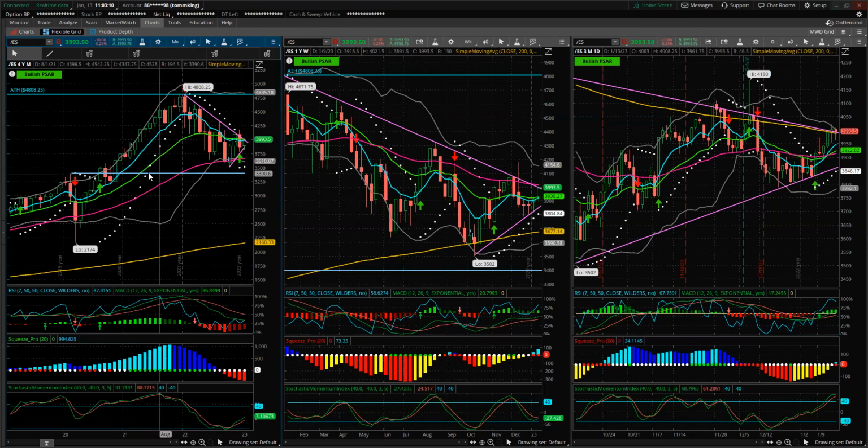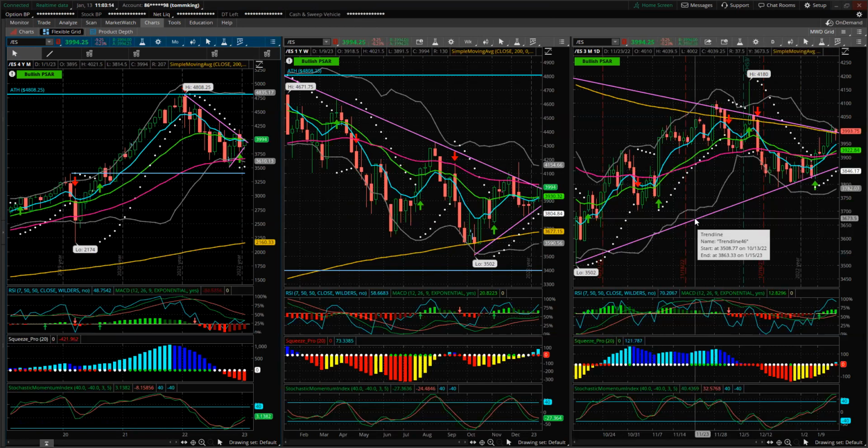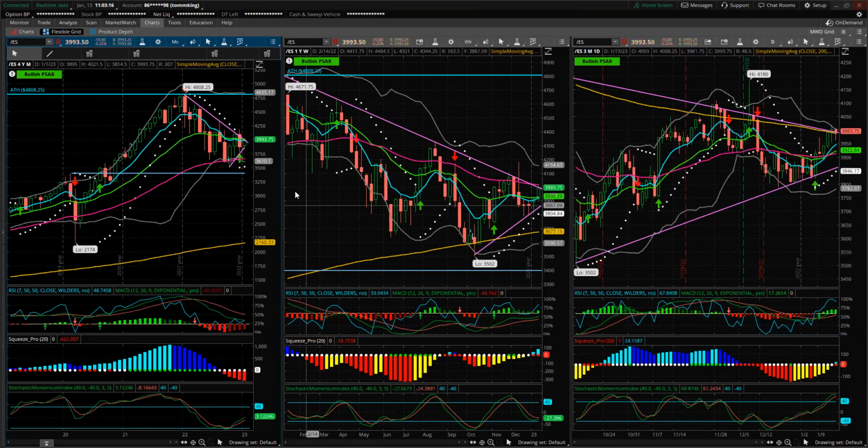All right, so these 3 panels: there's a monthly, a weekly in the middle, and a daily on the right. Only because I want to see if I'm looking for something directional or non-directional. I want to get a flavor of what's happening in the market. My key indicators on the charts here: this is an 8 EMA in the light blue.